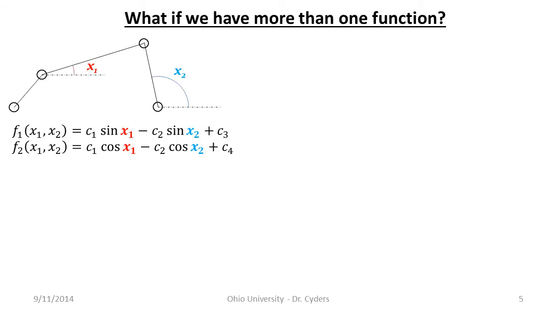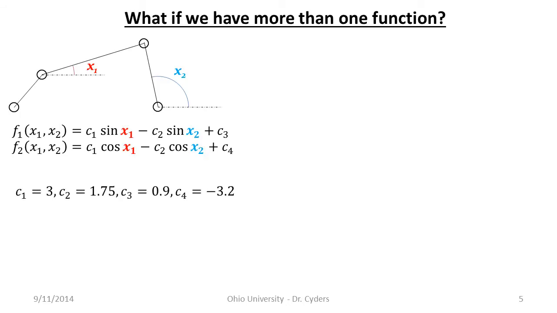And so if we look at this from the perspective of f1 and f2, I can define x1 as this unknown and x2 as this unknown. I have one function of sines and one function of cosines. So I have c1 sine of x1 minus c2 sine of x2 plus some constant c3. Same thing in cosine.